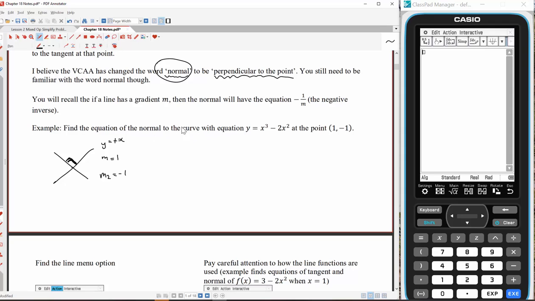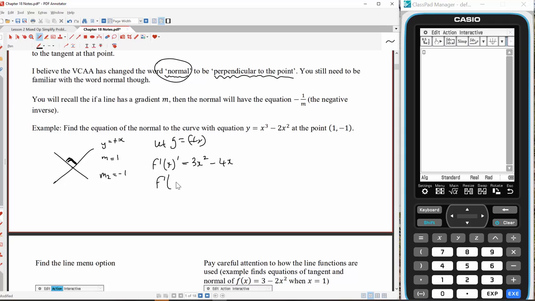So find the equation of the normal to the curve with this equation at 1 comma negative 1. I think the first thing we'll do is let y equal f of x, so we can use some function notation. We'll find the derivative function, which is 3x squared take 4x.